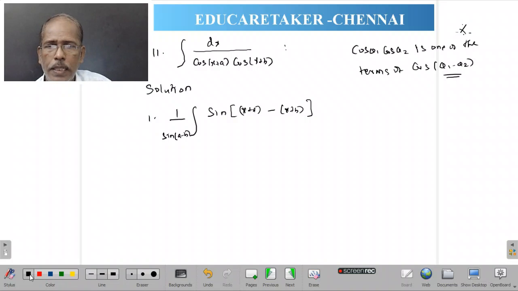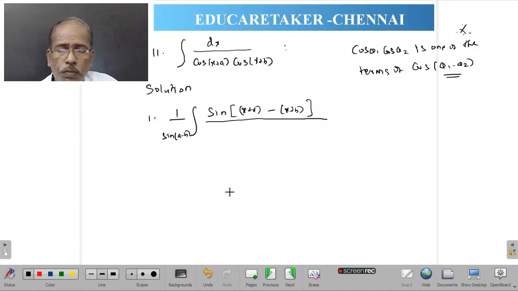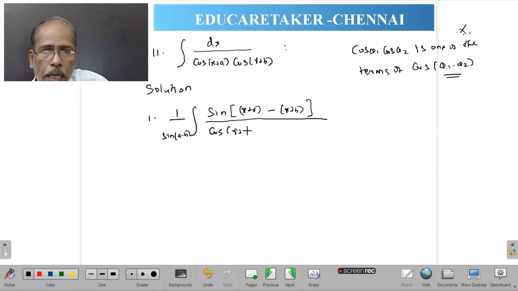There should not be any change in the denominator. Whatever adjustment you need in an integral, do it only in the numerator without affecting the denominator. Then cos of x plus a into cos of x plus b dx.